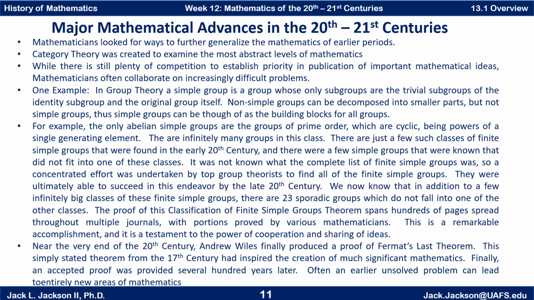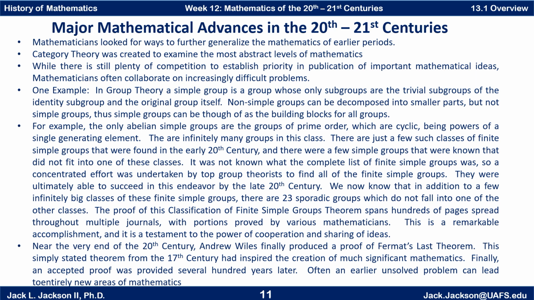You could look that up if you're interested. The proof of this classification of finite simple groups theorem spans hundreds of pages and is spread out through multiple journals with portions proved by various mathematicians. So this is a remarkable accomplishment, and it's a testament to the power of cooperation and sharing of ideas.